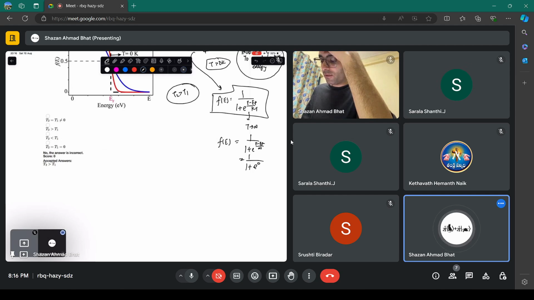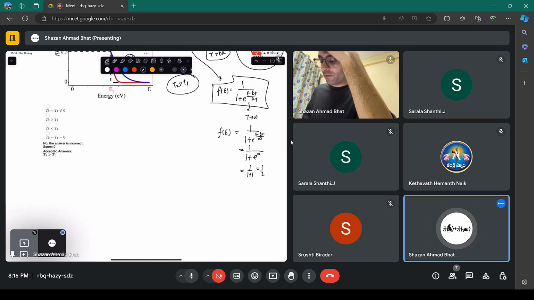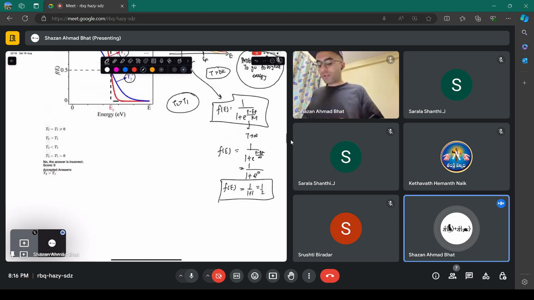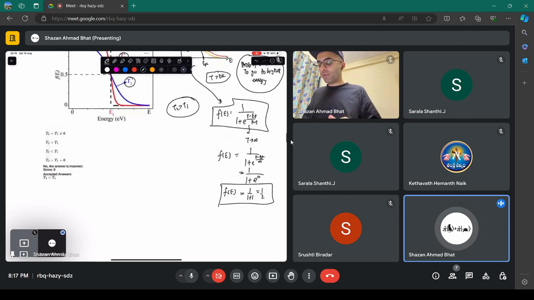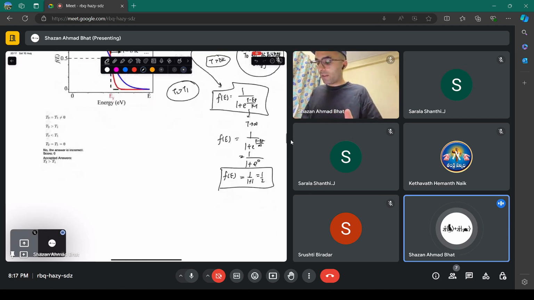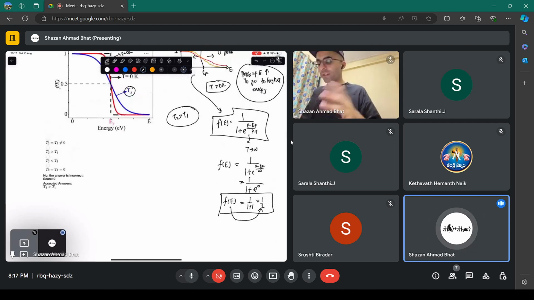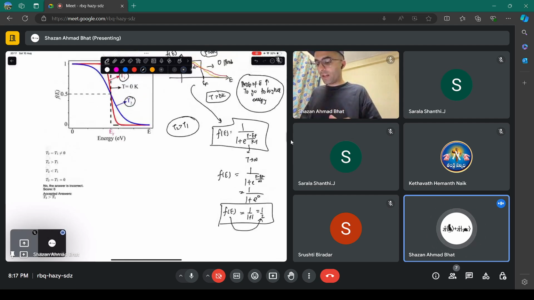So you get 1 by 2, the Fermi function as 1 by 2. That means it's almost as if the electrons have a 50% probability of being at the Fermi level. That is even the definition of the Fermi level.